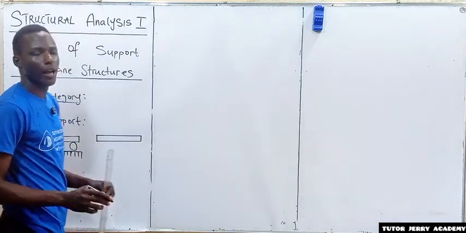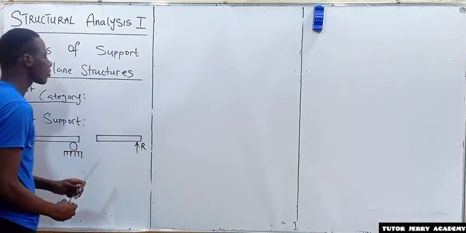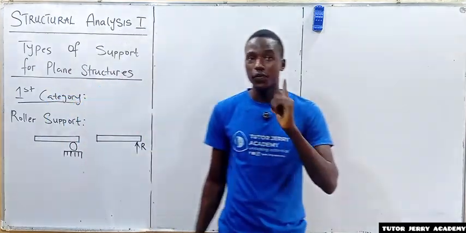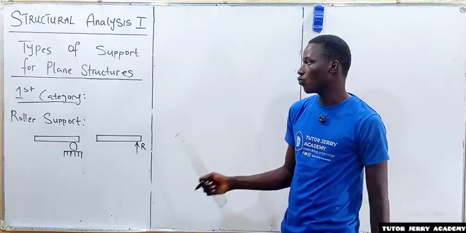We have a reaction here. So this goes to tell you that a roller support will produce just one reaction, and it's vertical, which is upward. A vertical upward reaction is what a roller support will produce.